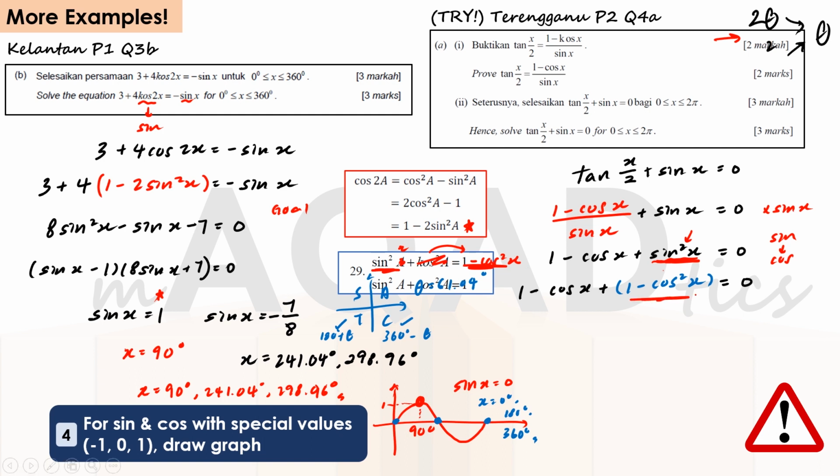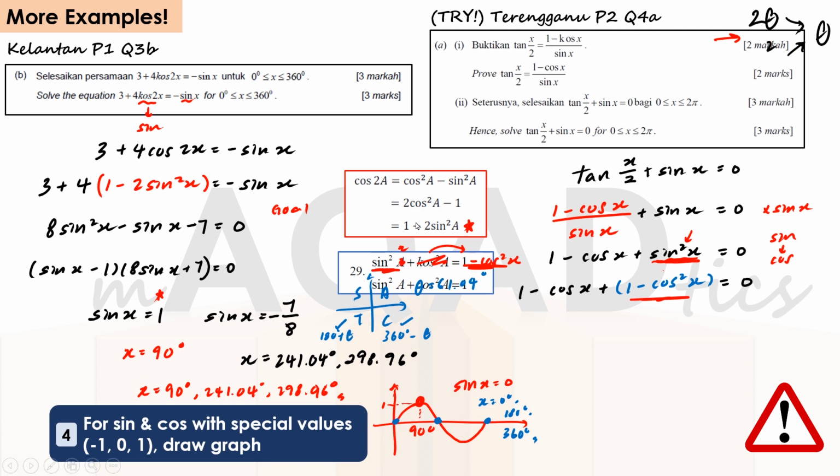Okay, and you may be wondering, there's actually a lot of formulas to change sine square x. For example, this one. But why I didn't use this? Okay, reason is because if I use this one, after I change, it will be something like 1 minus cos 2a. I would like to eliminate those 2 or square.